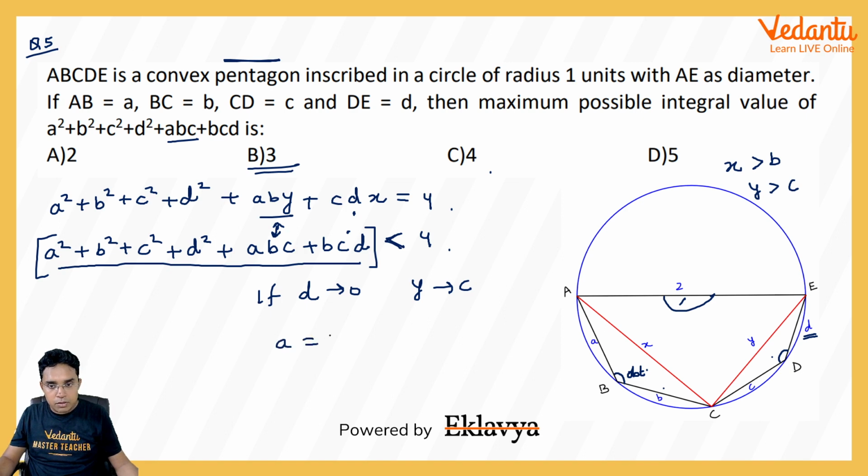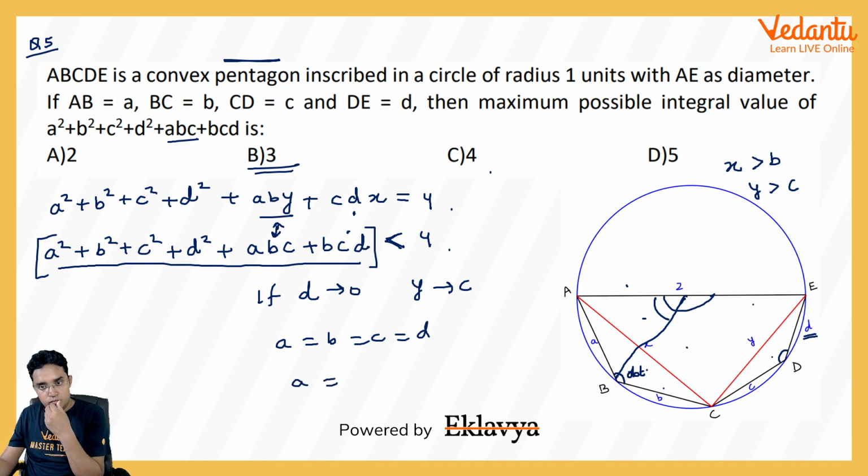So if a is equal to b is equal to c is equal to d, all these sides will be forming angle 45 here. In that case, because the radius of the circle is 1 only, this will be 1, not 2, sorry. So if this is 1, this angle will be 45 by 2.